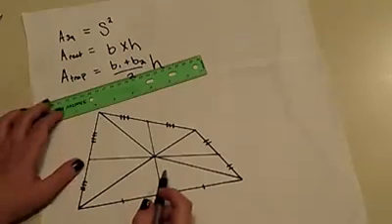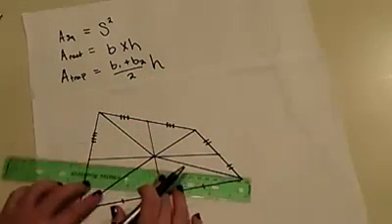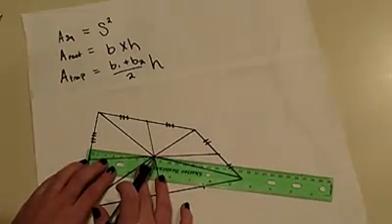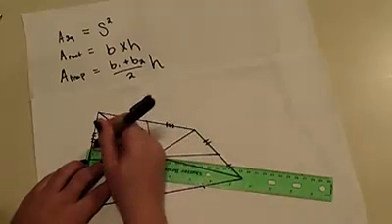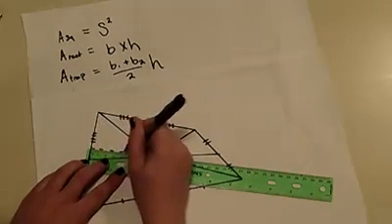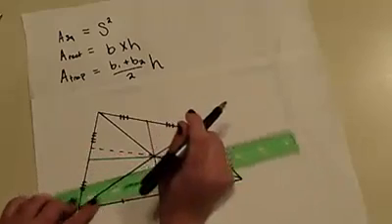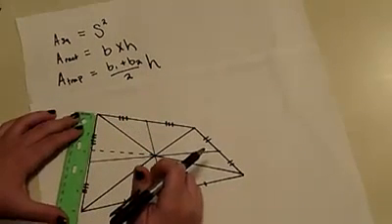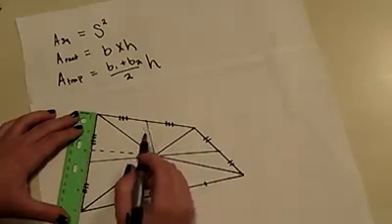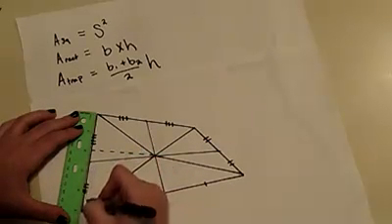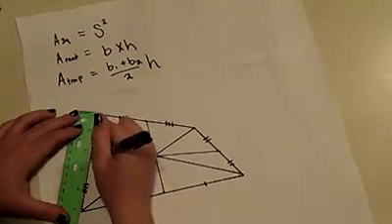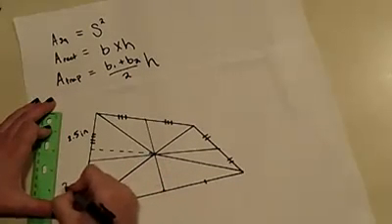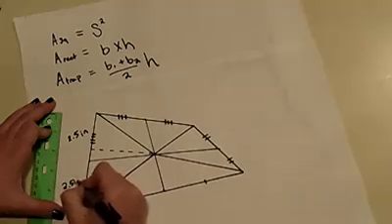To find the height of these 2 triangles, we can make sure that it's a perpendicular line to the base and draw it right here. We can measure that the base of these triangles, which should be equal because they're congruent, is 2.5 inches. So we know both are 2.5 inches.